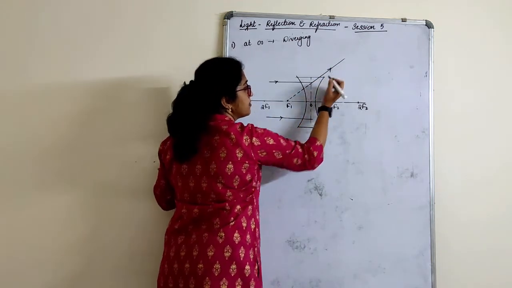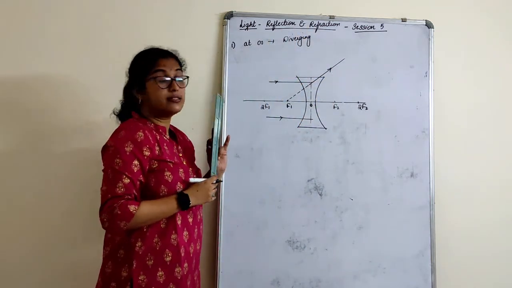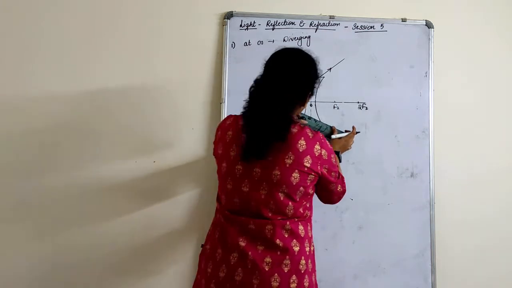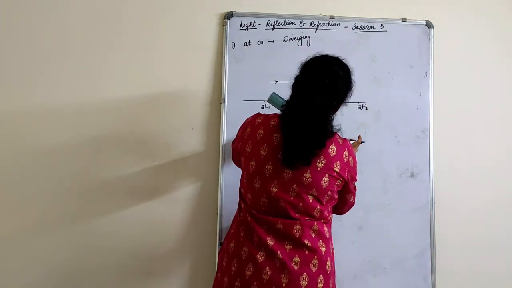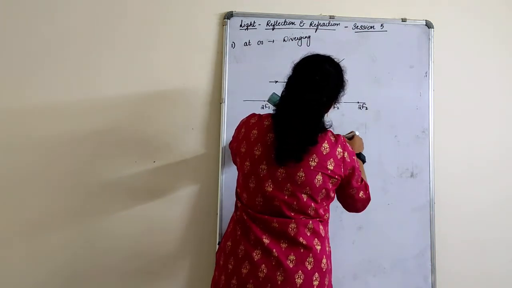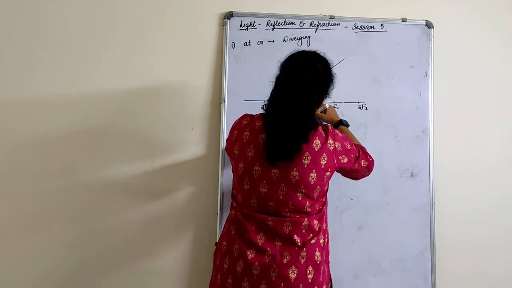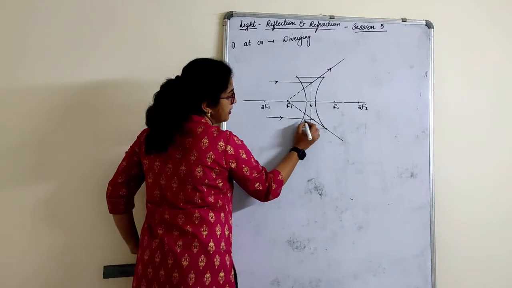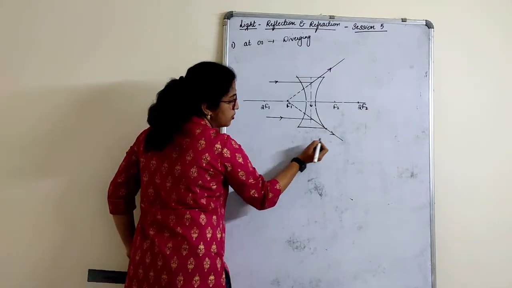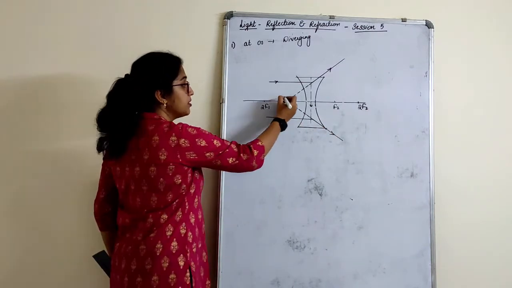Draw arrow marks. Deviating through the lens. Again here, they deviate in such a way that you produce them back, they come and meet at the focus. The ray which is going here will deviate in this direction.